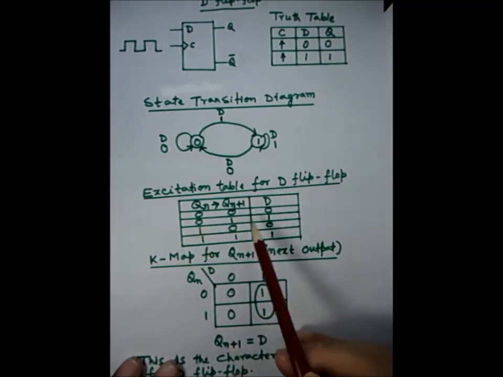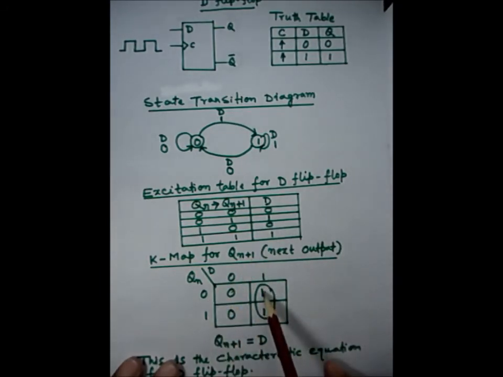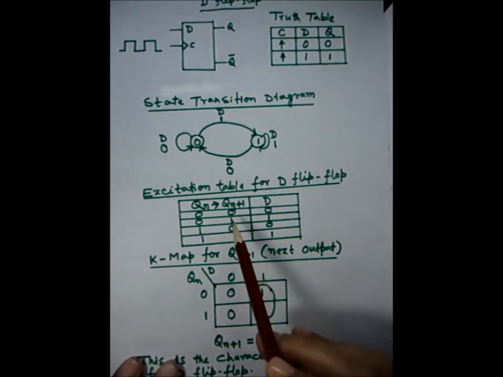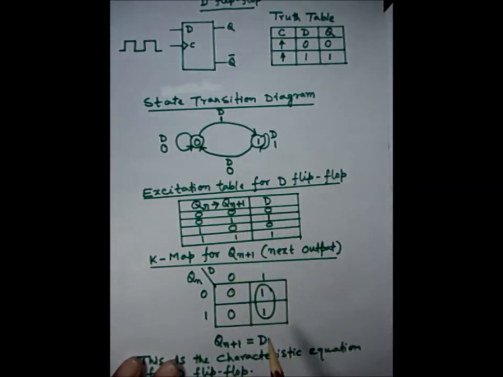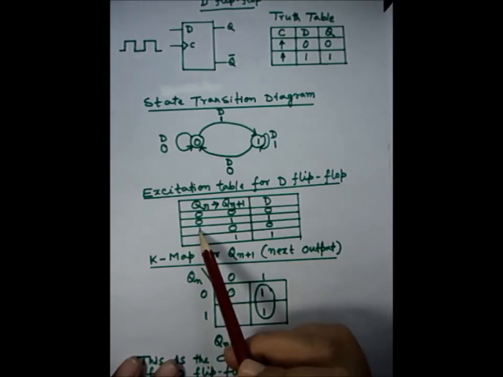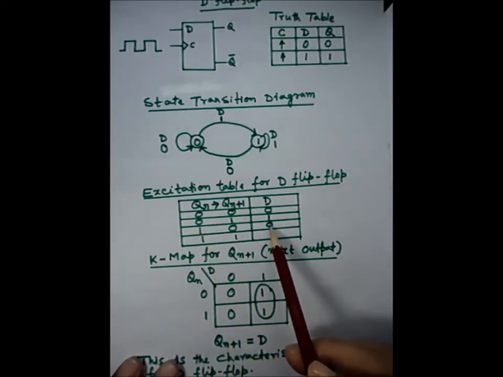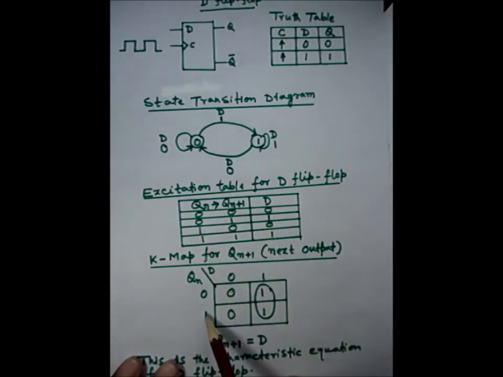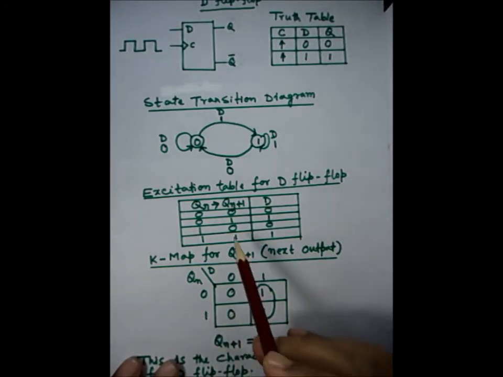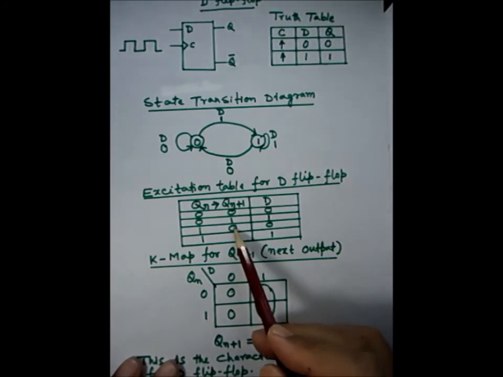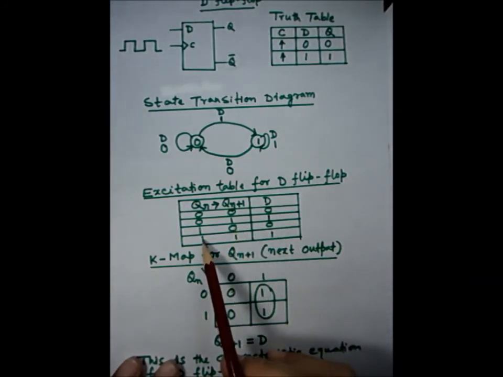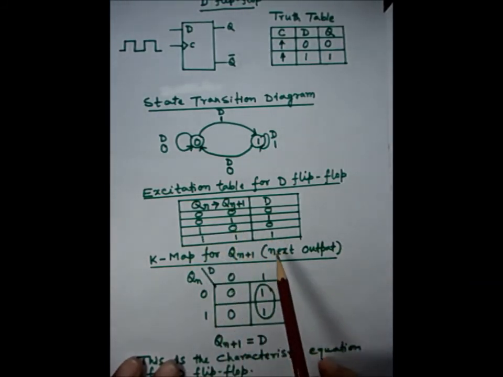When Q equal to 0, D equal to 1, this is the block, and you can see the output is 1 here. Now when the previous state is 1 and D equal to 0, the next state is 0. When the previous state was 1 and D is equal to 1, the output is 1.